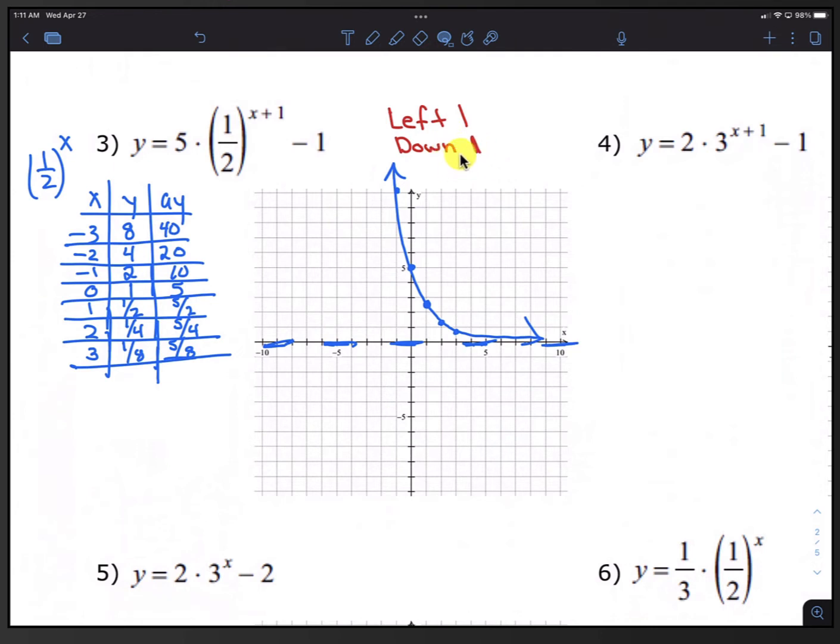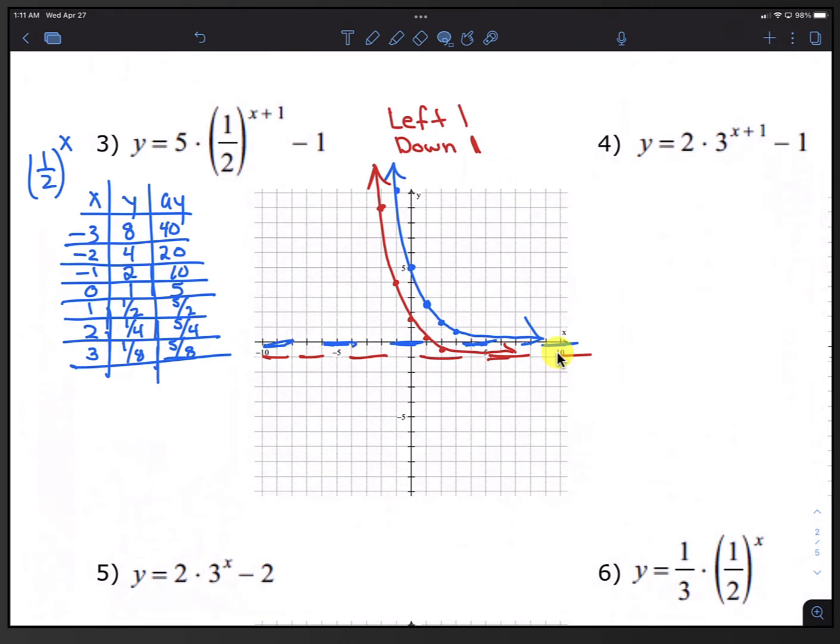Now when you move it down 1, the horizontal asymptote will also shift down 1. So here's the end result of the graph after the transformation. All right, so we moved it down 1. We also moved it to the left 1. And you see the horizontal asymptote here is down 1.